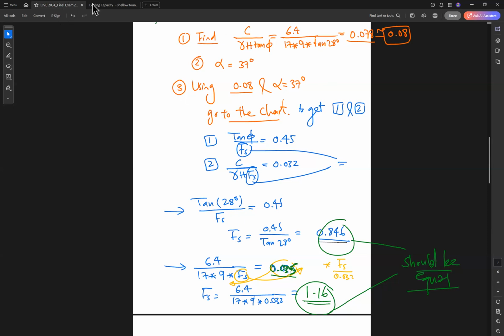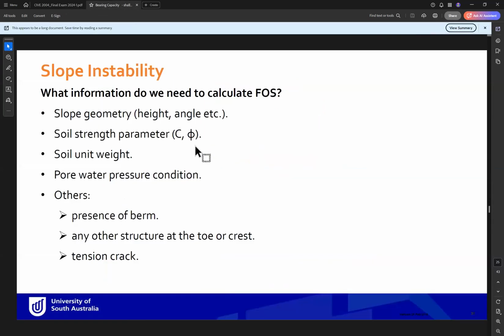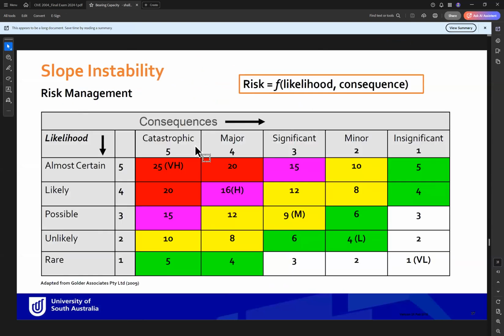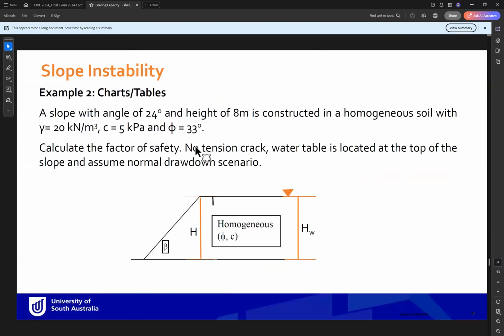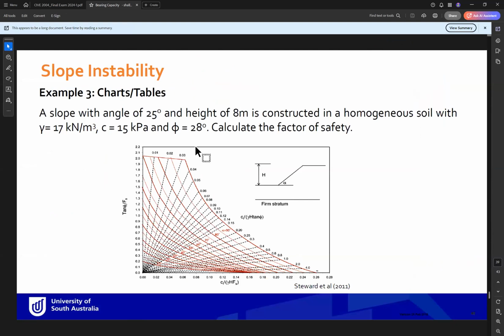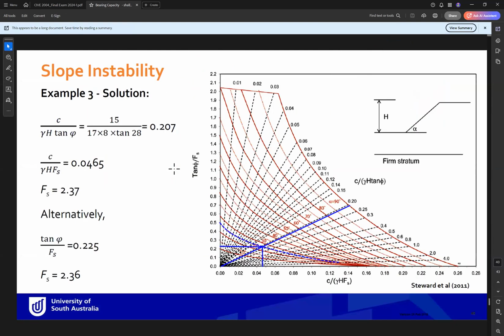If you return to the example from the original slides, this was a similar example. What is the value of this parameter? It was 207. So from this 207, make a straight line, and this is the line of alpha.